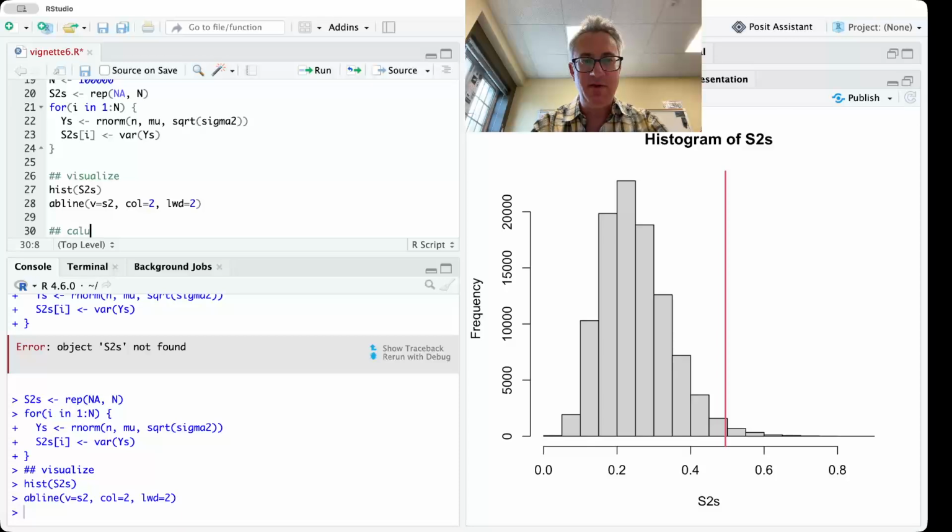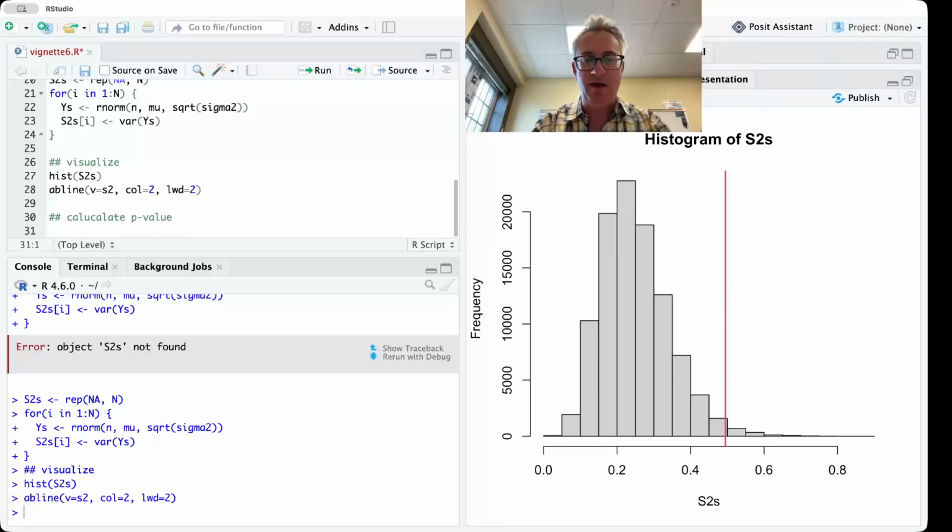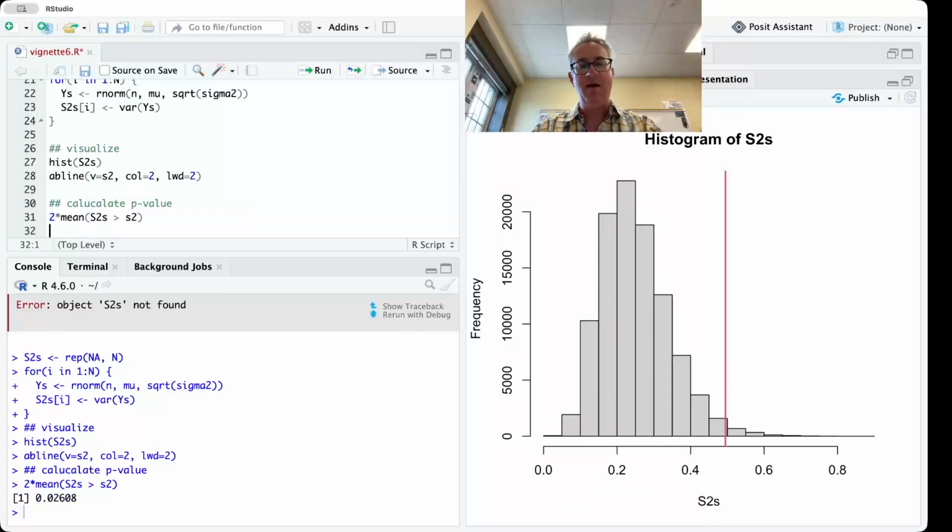And calculate the p-value in the usual way. So 2 times the mean of the samples bigger than the estimate. And so that p-value is 2.6%. That's less than the usual 5% threshold, so I'm going to reject the null hypothesis.